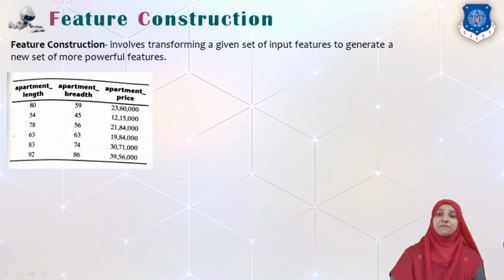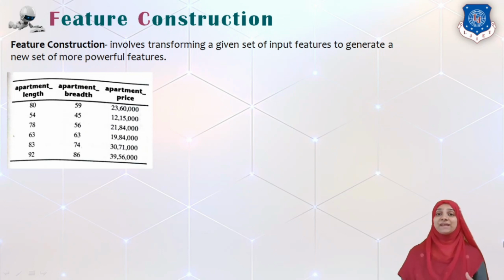Say for example, we have a data set with three attributes. The first and second attributes are our input variables, which are apartment length and apartment breadth. And the third feature is apartment price, which is our output variable, the price of the apartment. So here two features are there in the input, length and breadth.